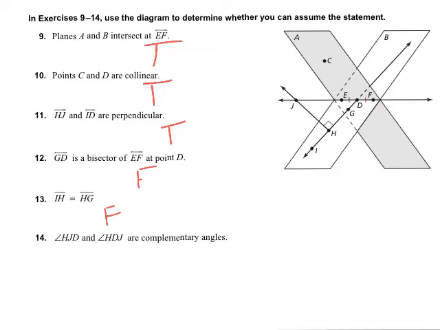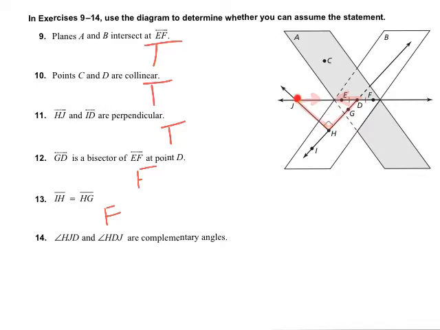Okay, number 14, HJD. So let me highlight here. HJD and HDJ are complementary. You think it's true? Why do you think it's true, Emma? Because it's a triangle. Okay. And the angle H has a 90-degree angle.